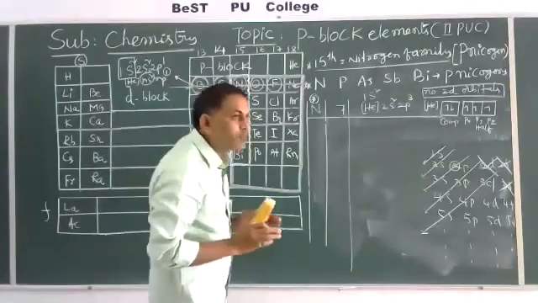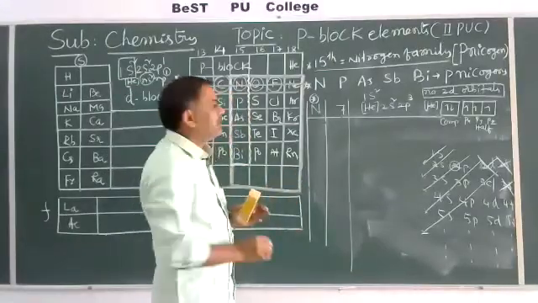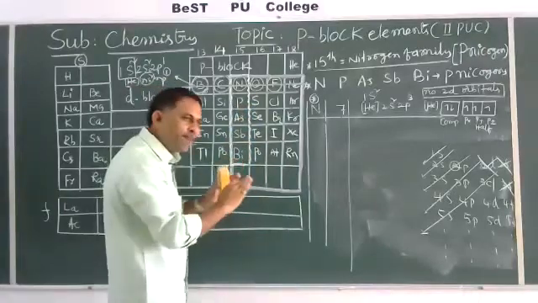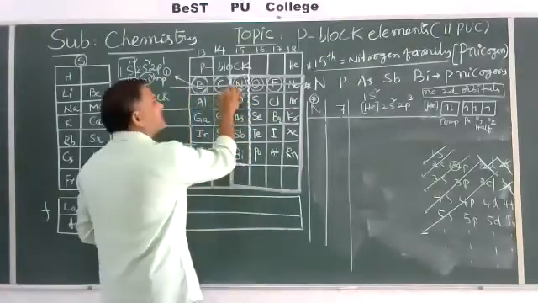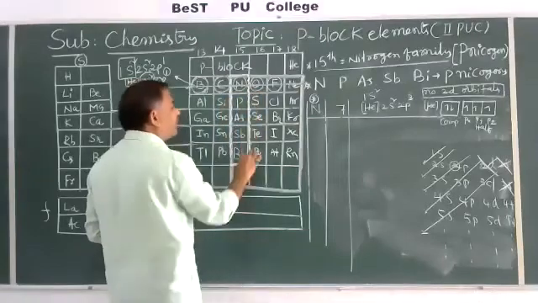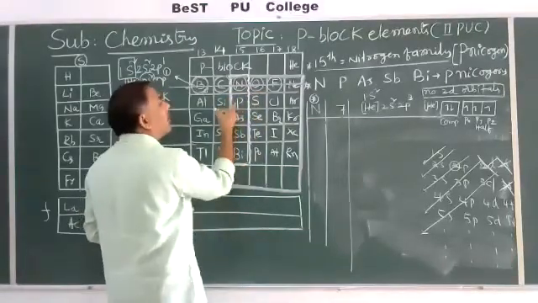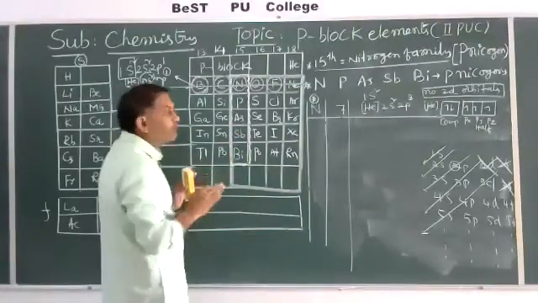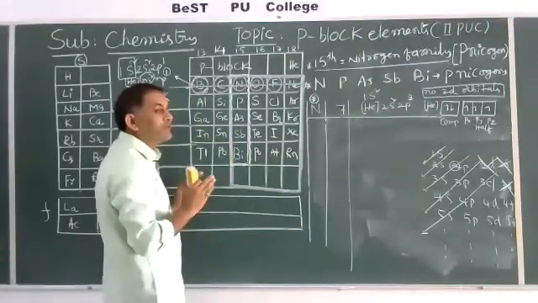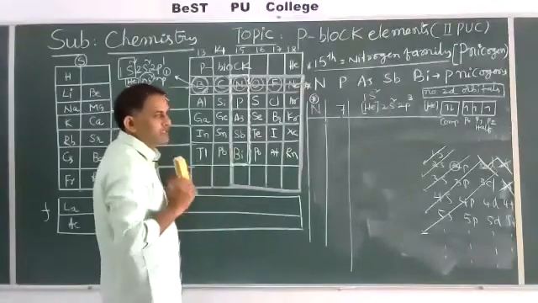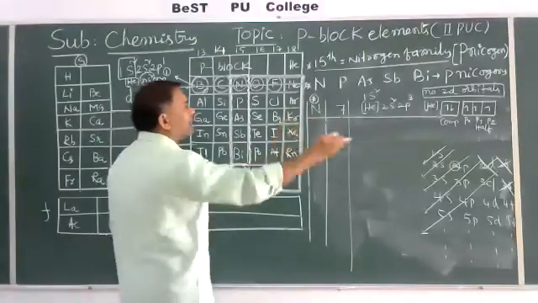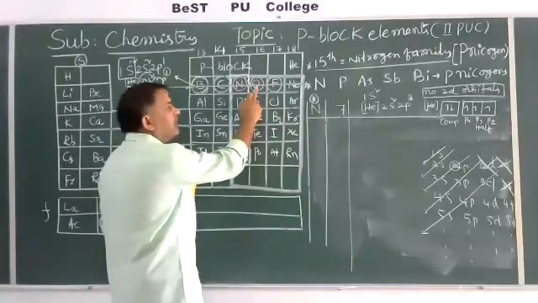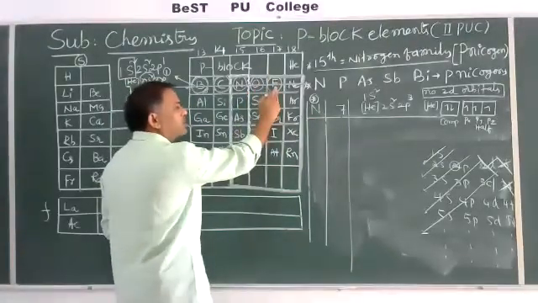Anomalous means peculiar properties. Nitrogen, phosphorus, arsenic, antimony, bismuth are all the same family members. But nitrogen shows some peculiar, different properties than phosphorus, arsenic, antimony and bismuth. That's why nitrogen has some important anomalous properties. Similarly, in further groups, oxygen also shows some anomalous properties, and fluorine also shows some anomalous properties.